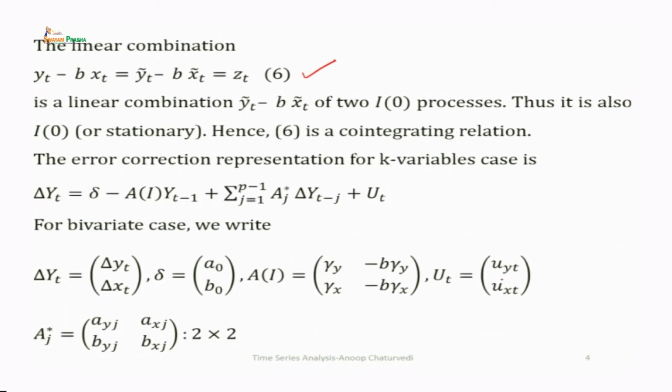U t is equal to u y t, u x t, and A j star is equal to A y j, A x j, B y j, B x j. So, A j star is a 2 by 2 matrix. The elements of A j star are A y j, A x j, B y j and B x j.